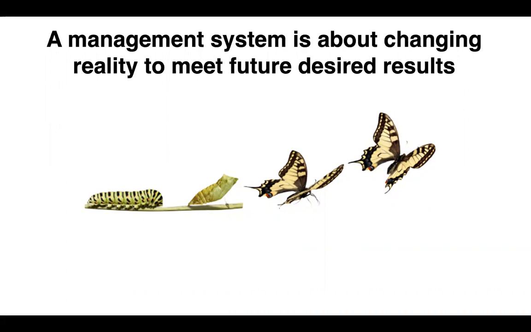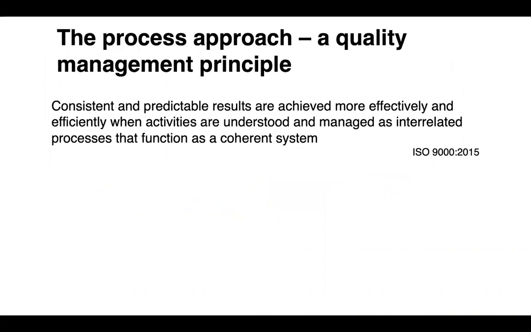So let's see how to promote this transformation. And for that, we start with the process approach, the quality management principle. The statement is something like this: consistent and predictable results are achieved more effectively and efficiently when activities are understood and managed as interrelated processes that function as a coherent system.